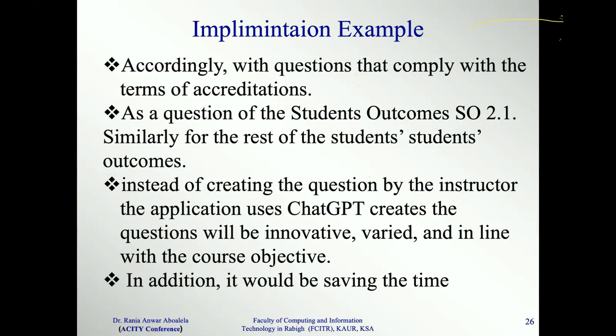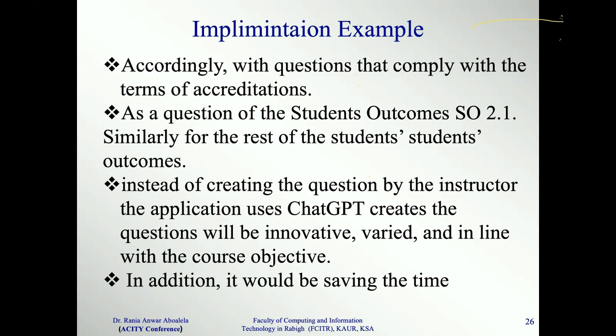So accordingly, the questions comply with the terms of accreditation as questions of the student outcome. It will be the same for the rest of the student outcomes.